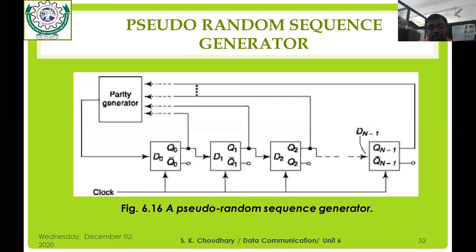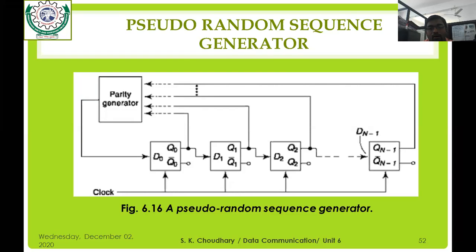And you can see it is just like a shift register structure. The output of one flip flop is given to the input of the next flip flop, and that process is followed up to the nth flip flop.